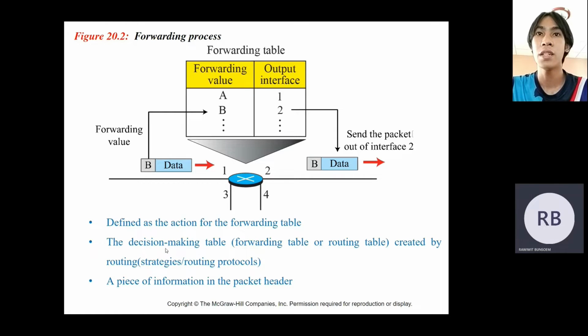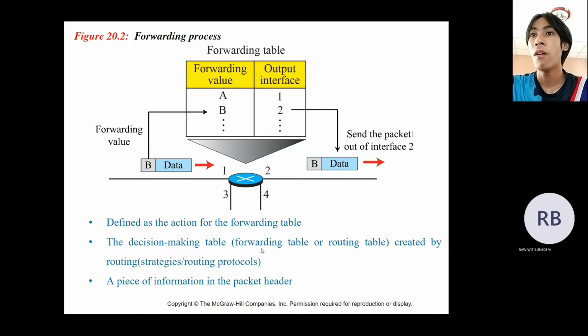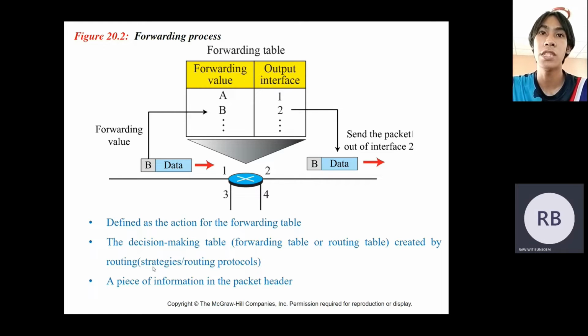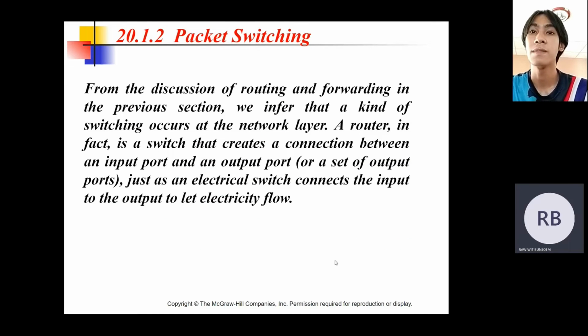The destination address is in the forwarding table, or routing table, created by running a routing protocol, a piece of information in the packet header. The next is packet switching.